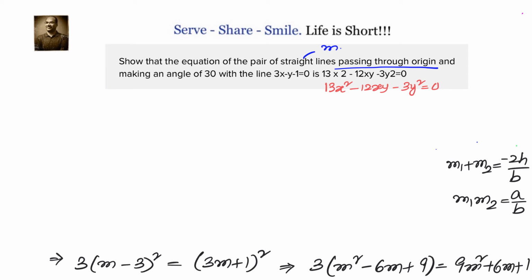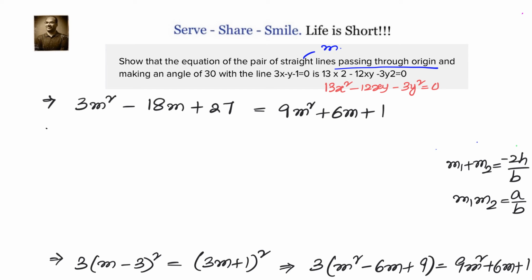Let us simplify this and get it into a quadratic equation, and we know the roots of this will be m1, m2. Then we already have the relations for m1 plus m2 and m1 m2 in terms of a, b, h, so we can easily use that and get the equation. So we have 3m square minus 18m plus 27 equals 9m square plus 6m plus 1.